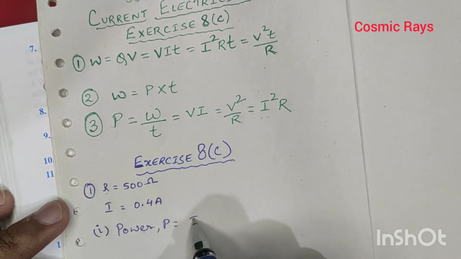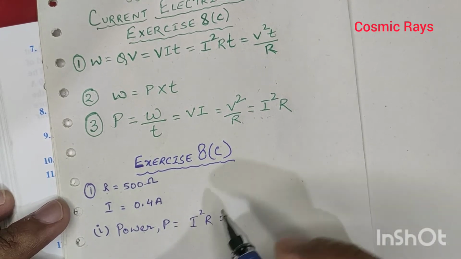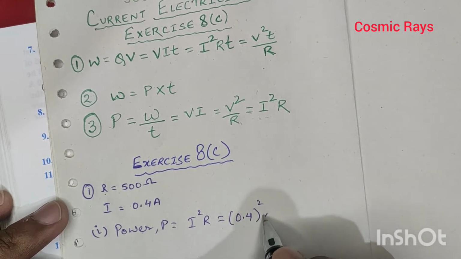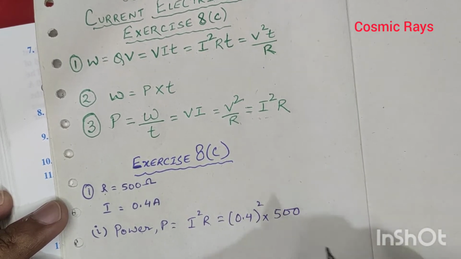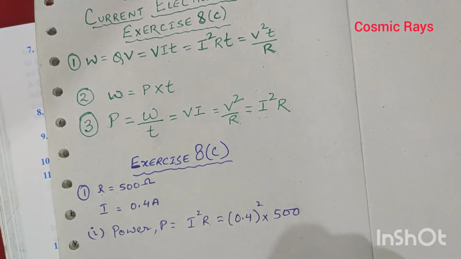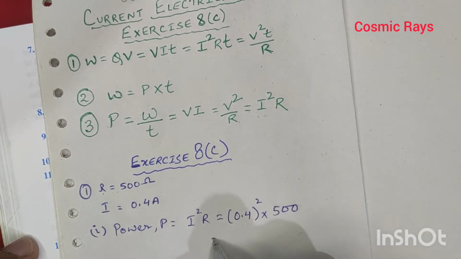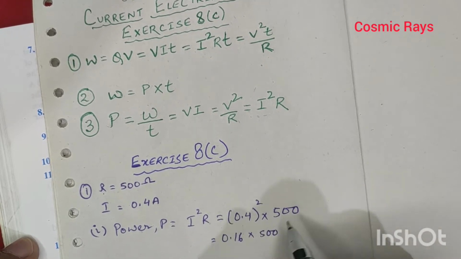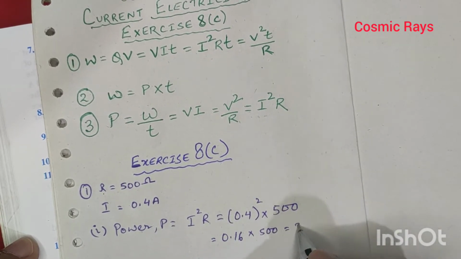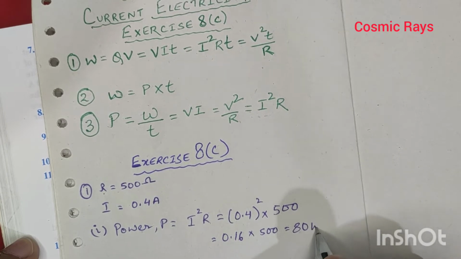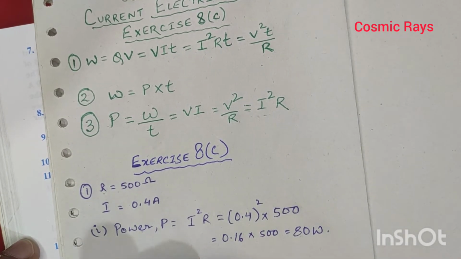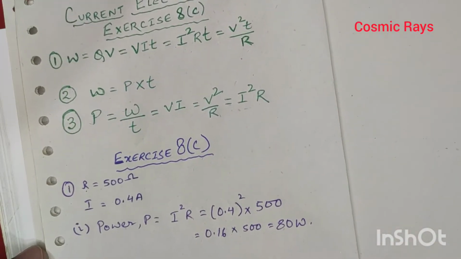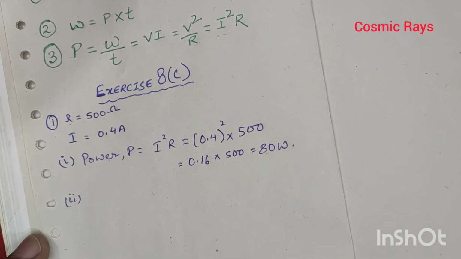So P is equal to I square R. I is 0.4 square multiplied by the resistance, that is 500 ohms. So this is going to be 0.16 multiplied by 500, that is equal to 80 watt.